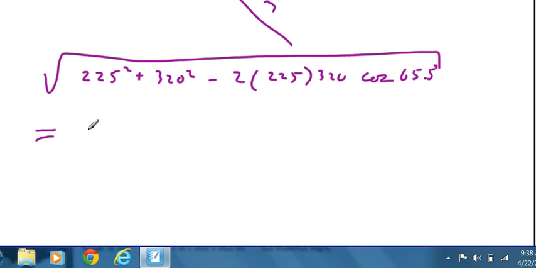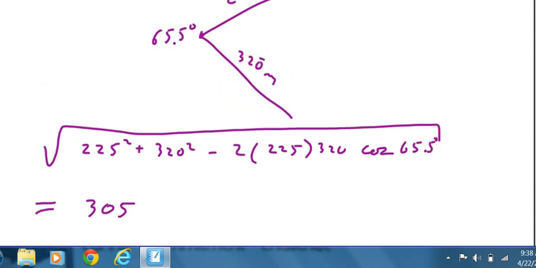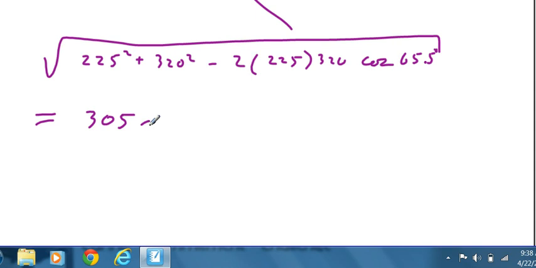So the other side is going to be 305 meters. Okay, well, that was another one done. Number 11.